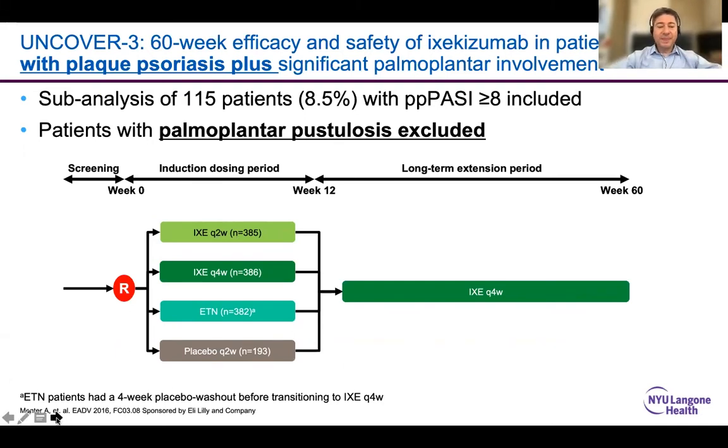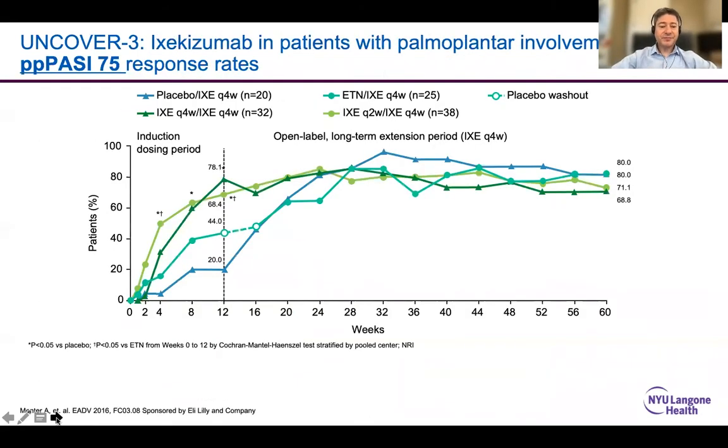Now, remember, these are moderate to severe plaque psoriasis patients that have palmoplantar involvement. What we notice here is, one, ixekizumab works on the palms and soles of patients who have moderate to severe psoriasis. It looks like the typical dosing scheme that we would use in regular psoriasis patients worked pretty well.